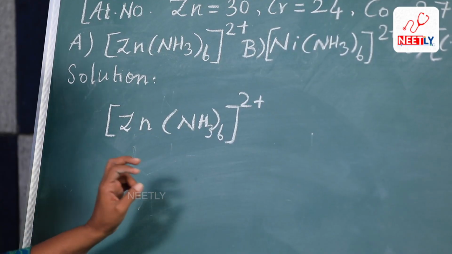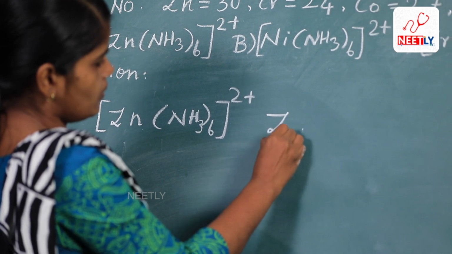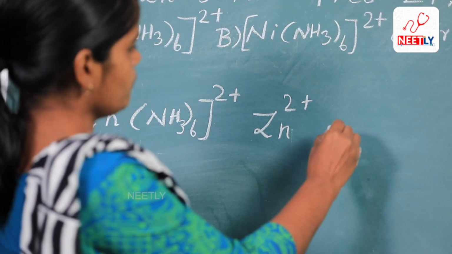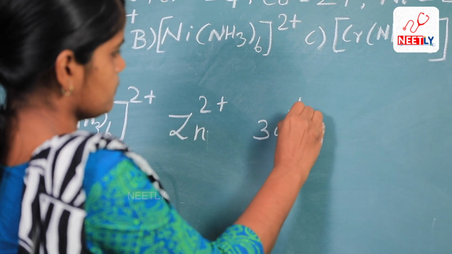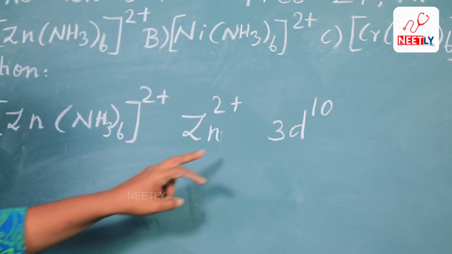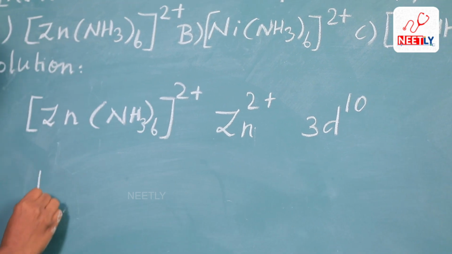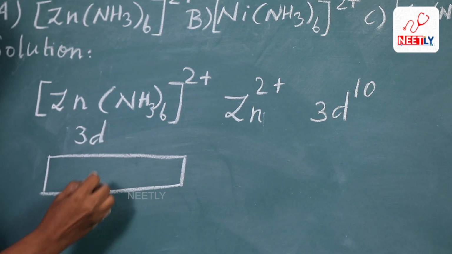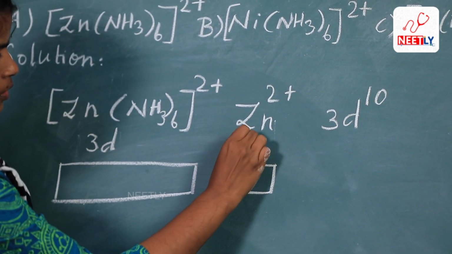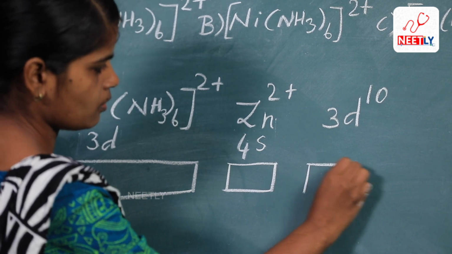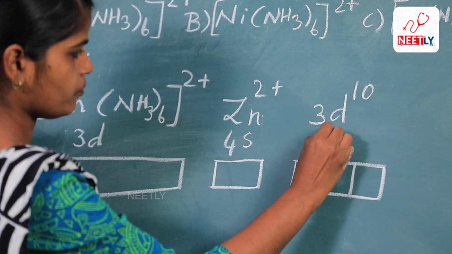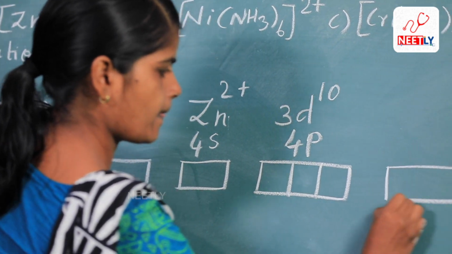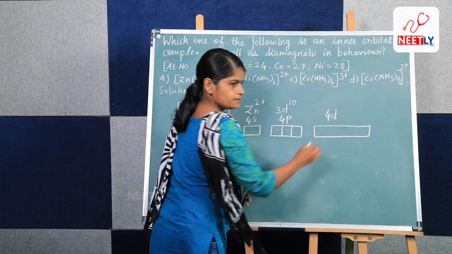In this complex, zinc has +2 oxidation state and its electronic configuration is 3d10. If we write this in orbitals, that is 3d, 4s, 4p and 4d.